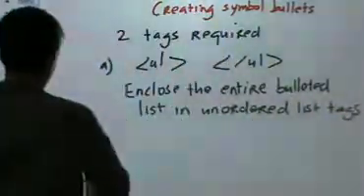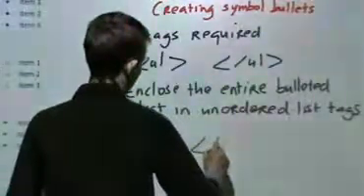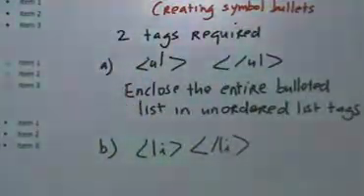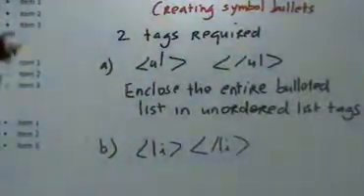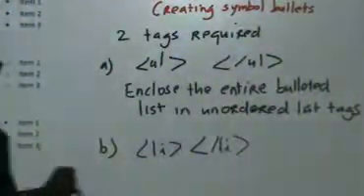And then secondly, list item tags. So for each item in the list, here you can see there's 3 items in the list. Each one has to be enclosed in list item tags.